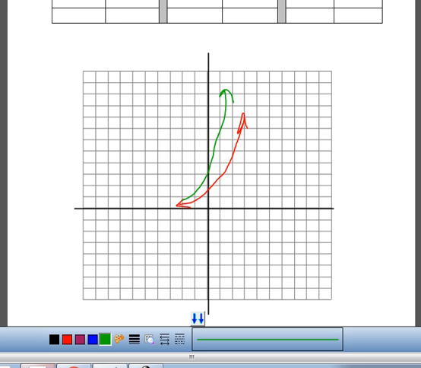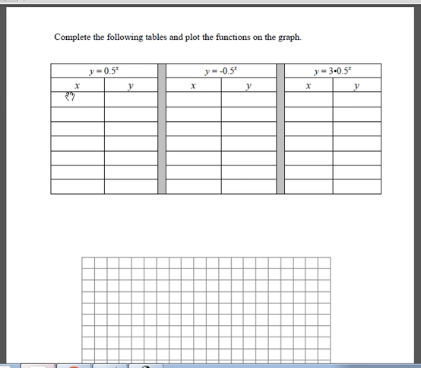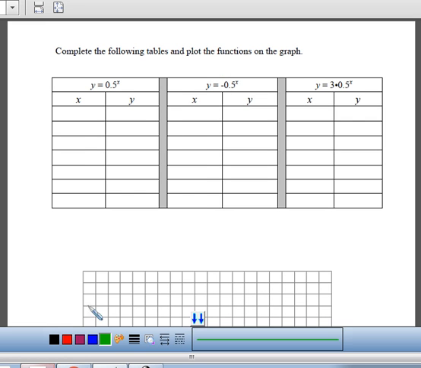On page 3, this time when you type these in, again, you're going to use your y equals graphing function. So 0.5 and then the caret symbol, and then x.